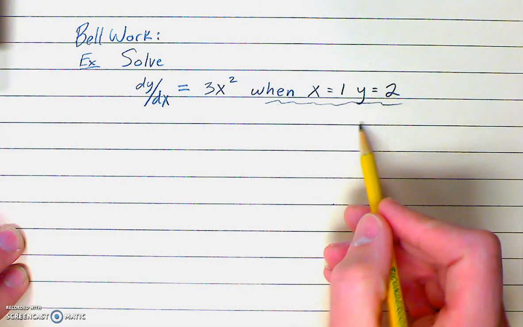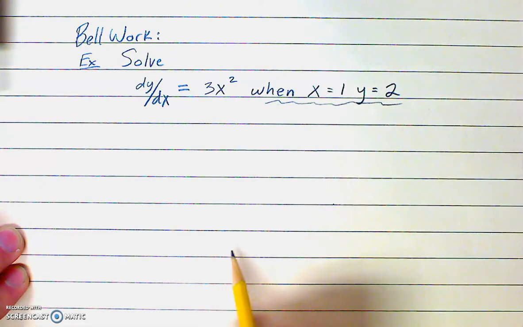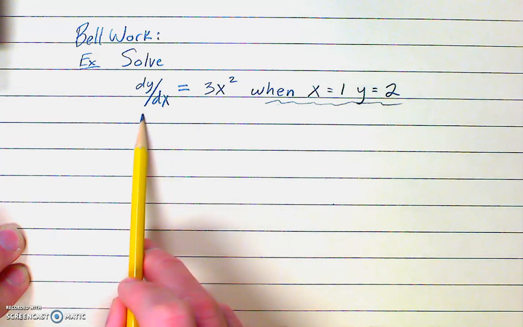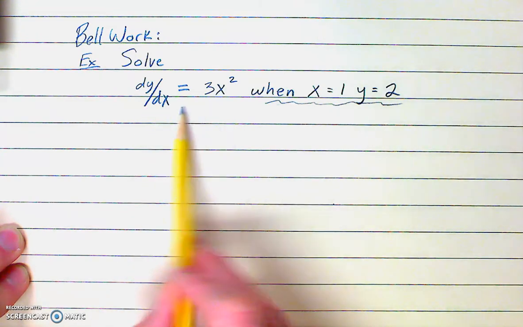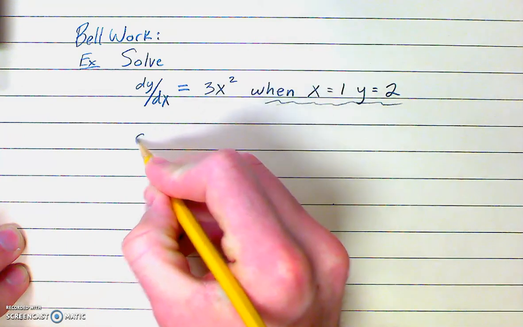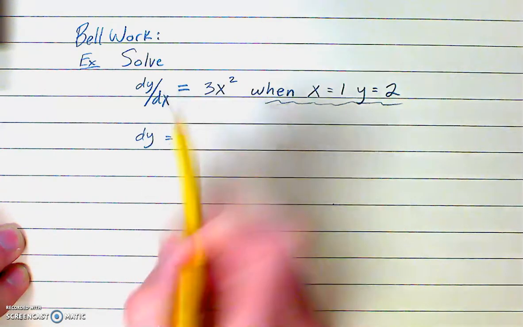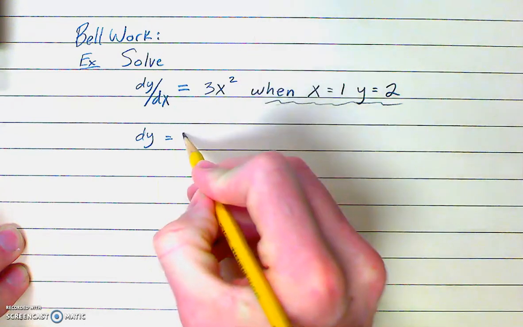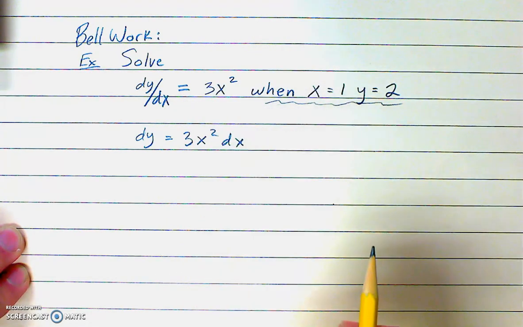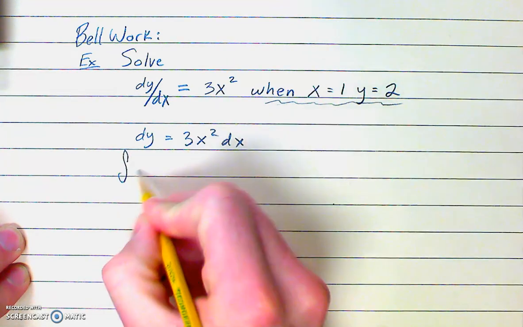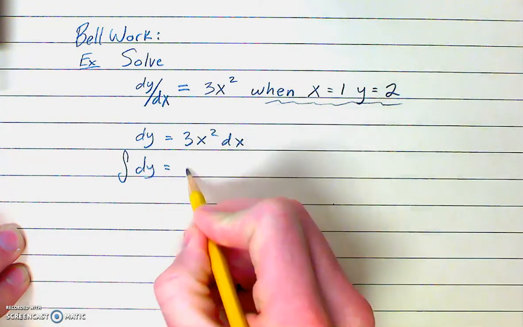You're going to find c at the very end. Before we can do that, however, we need to essentially integrate both sides of this equation, which we do by multiplying dx to this side. So you get 3x squared dx on the right-hand side of your equation. And now you can integrate both sides.